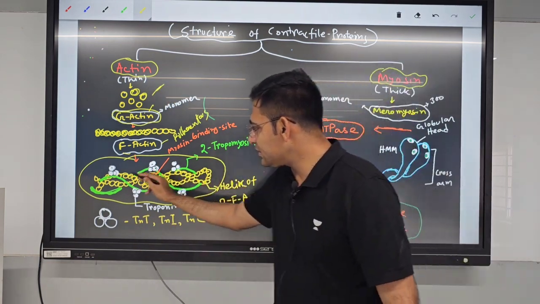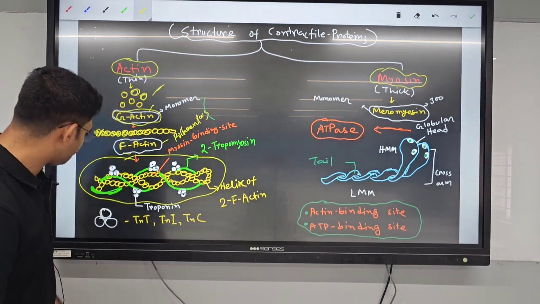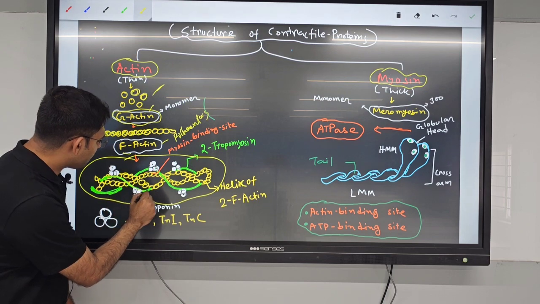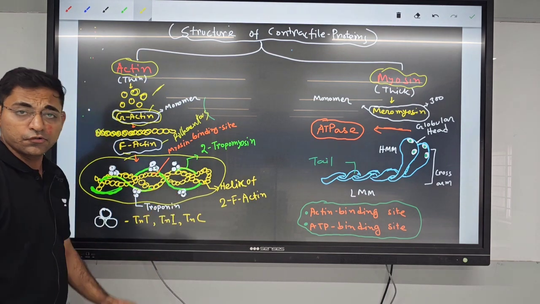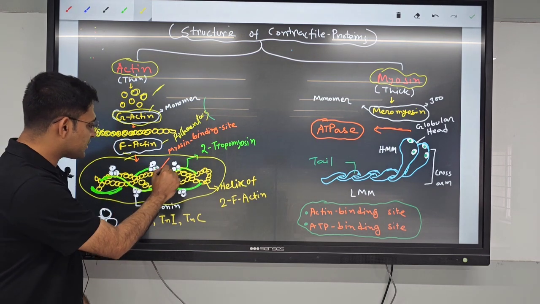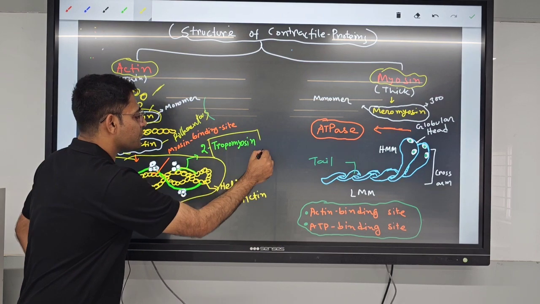Now if you look at the actin, this actin filament is wrapped by two further filaments. These proteinaceous filaments are known as tropomyosin.